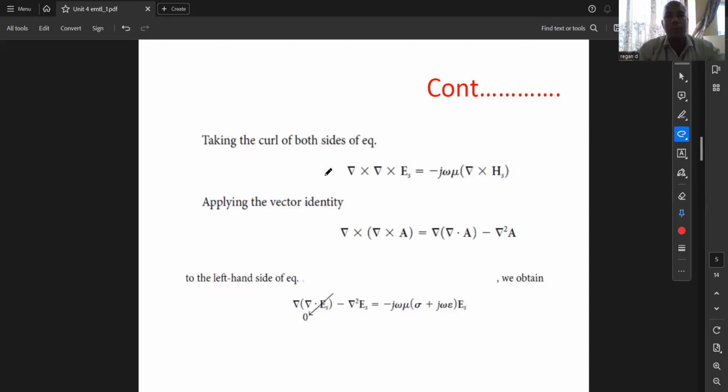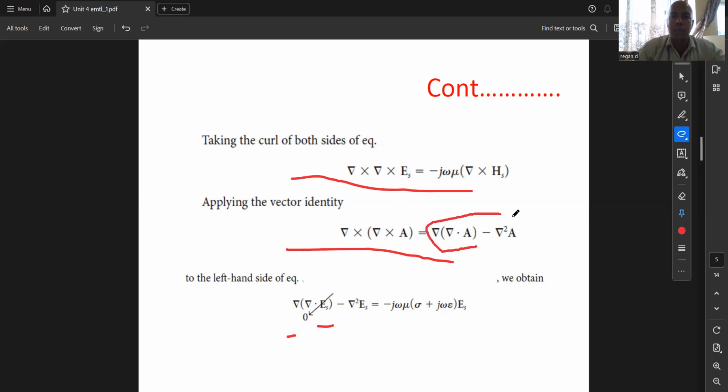So after applying the curl on both sides and the vector identity, we get del of del dot Es minus del square Es, where the vector A is the electric field.